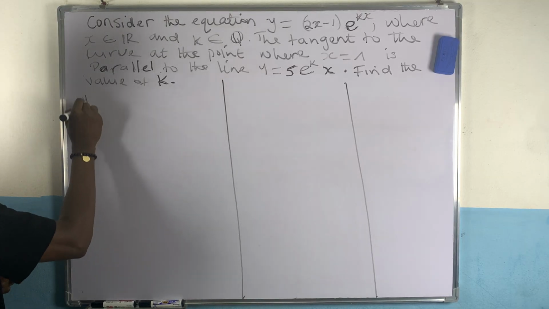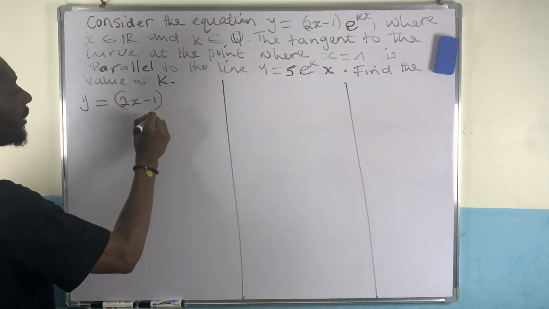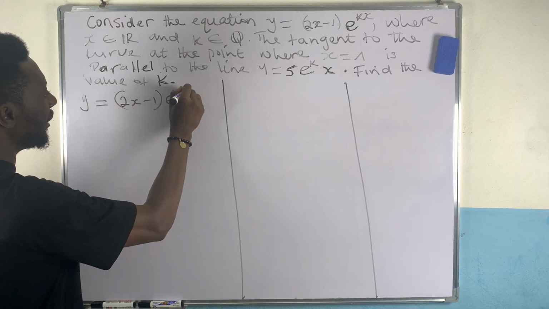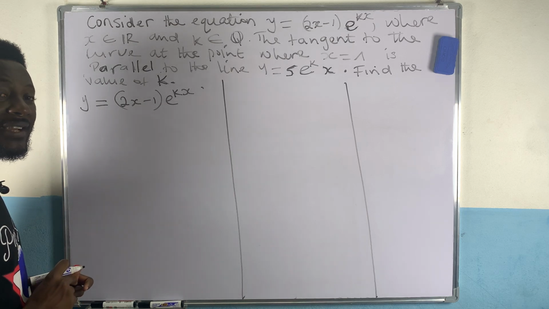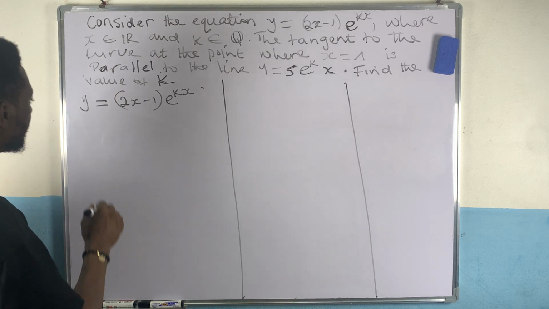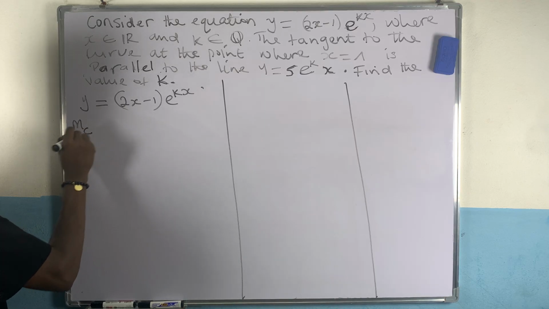So we are given that our curve is y equals (2x minus 1) e to the kx. The first thing is for us to find the gradient of the tangent to this curve, which I can call mc.